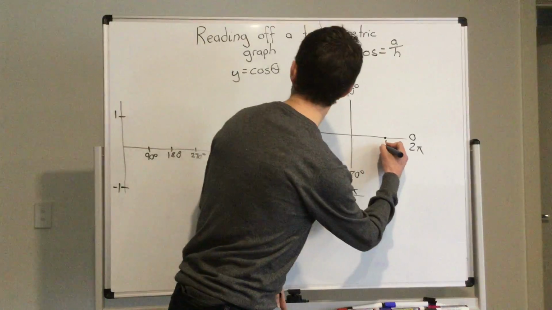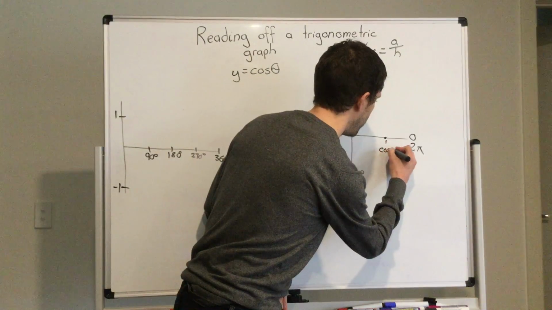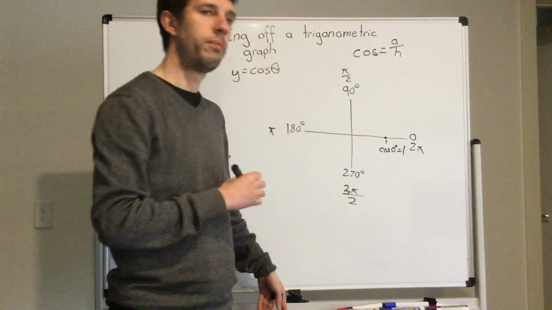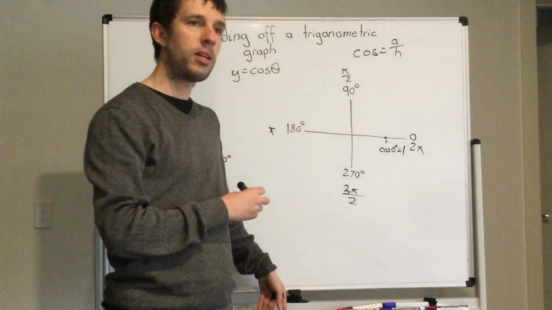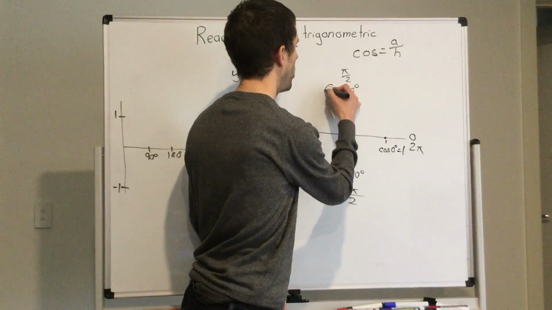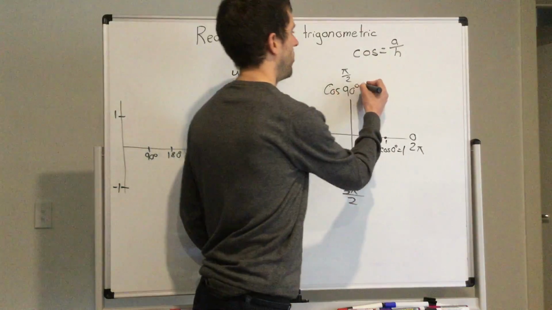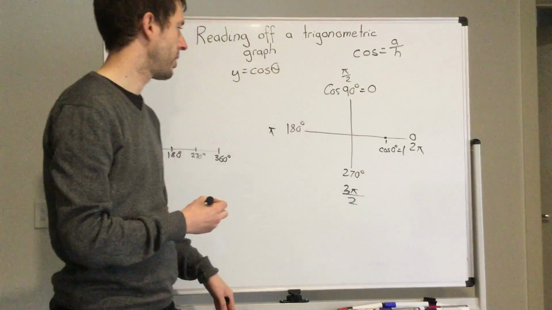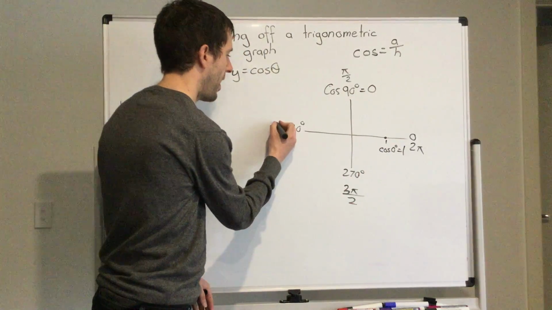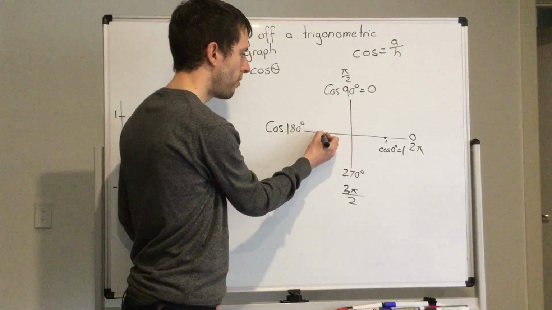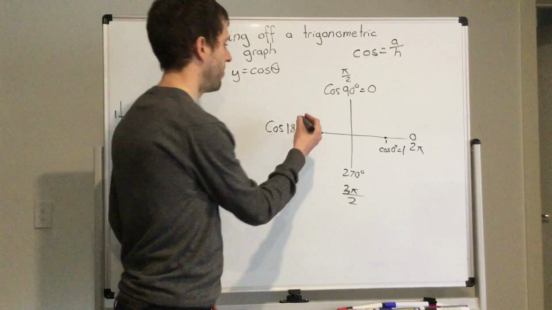So I'm going to write cosine 0 degrees is 1. When it gets to 90 degrees, cosine 90 degrees, x is back to 0. When I have cosine 180 degrees, x is over here, but it's -1 this time.